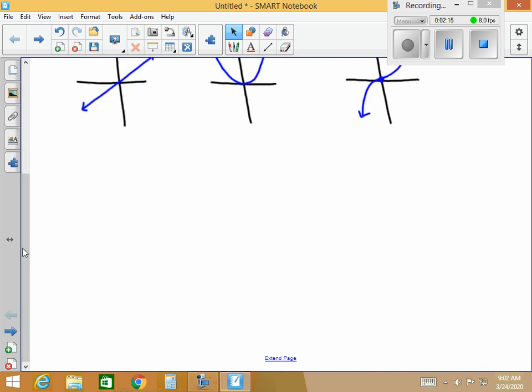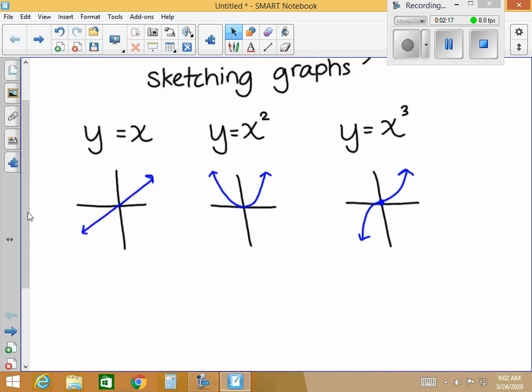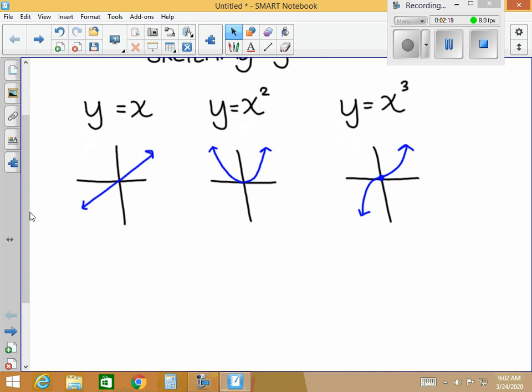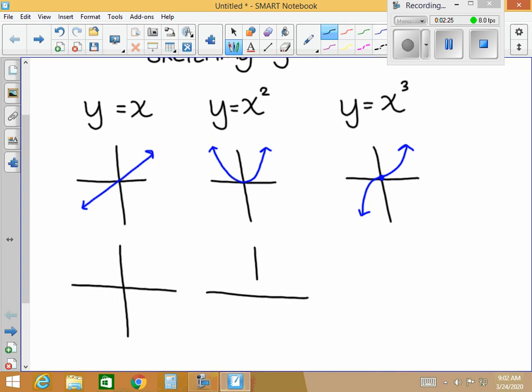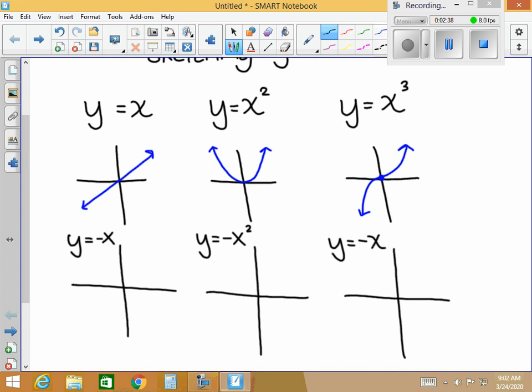Now from the things that we learned from the end of chapter 2, if I want to look at the graph y equals negative x, or y equals negative x squared, or y equals negative x cubed, then that just indicates a reflection across the x-axis.